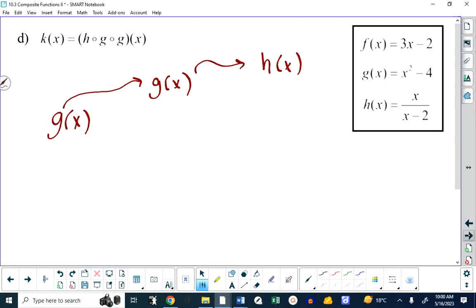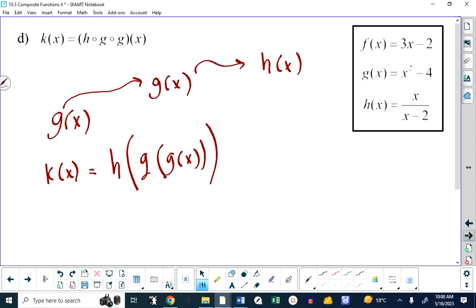Algebraically, the notation is k of x is h of g of x. So we need to take this and put it in for x here, and whatever we get for that thing, we're going to put in for x here.